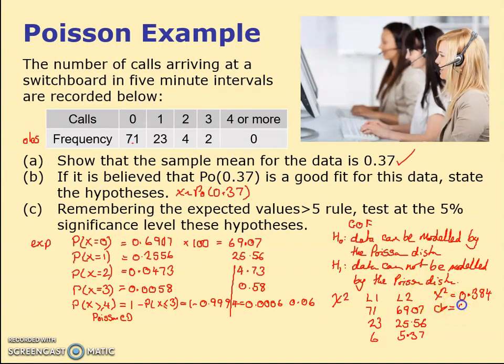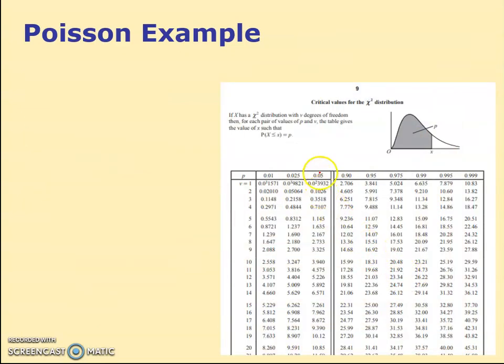So n minus 2 is 3 minus 2. This is actually degrees of freedom I'm doing here. Degrees of freedom is 3 minus 2 equals 1. So when I find my critical value, I've got to use 1. Does it say? Yeah, it says 5% significance level. So if I look at my table, for 5%, I have to look at 0.95. Degree of freedom is 1. You can see it just under there, 3.841.